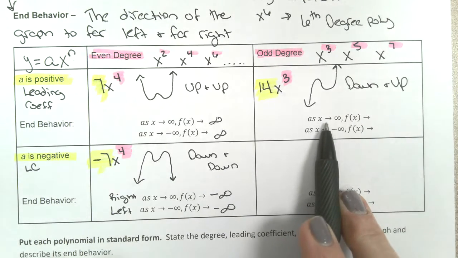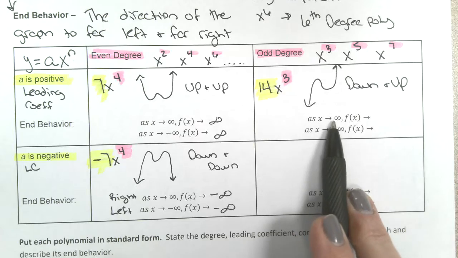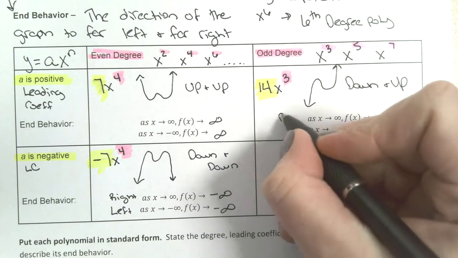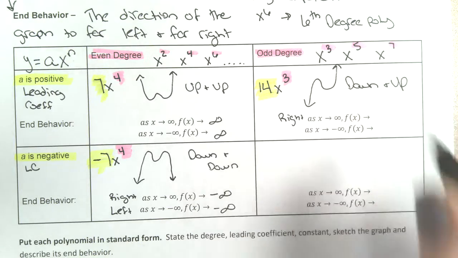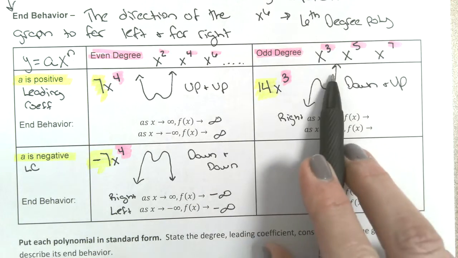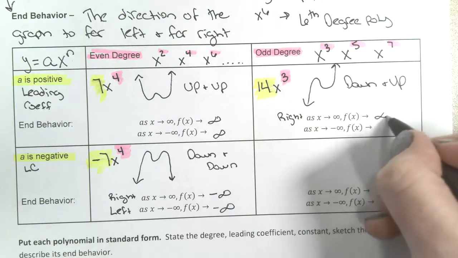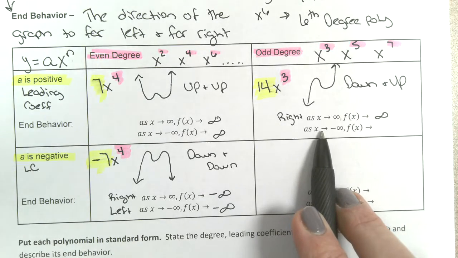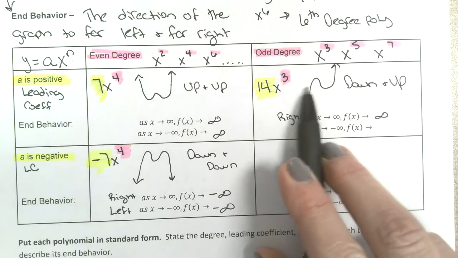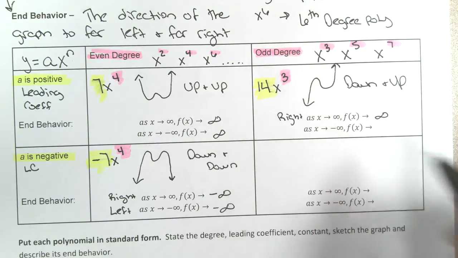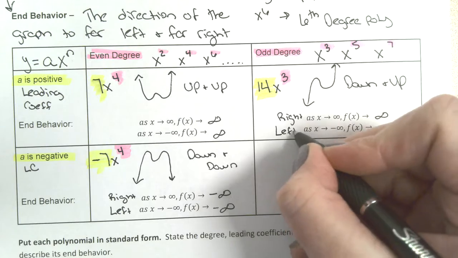All right, let's see what the book says. As x goes to infinity, so this means what's it doing to the far right, because x goes to infinity to the far right. Your graph is going up to positive infinity. And then what happens as x goes to negative infinity? So negative infinity means what's it doing to the left side?